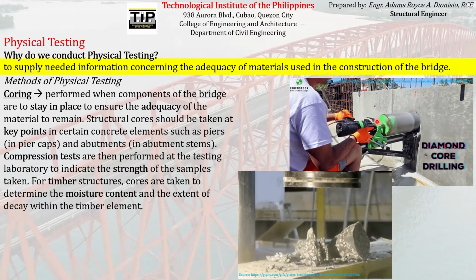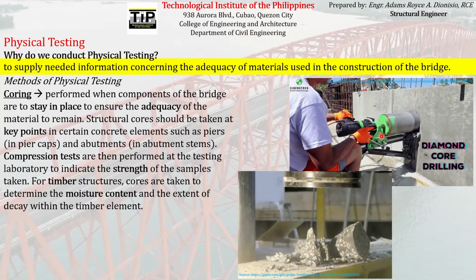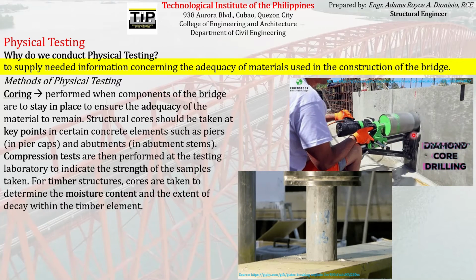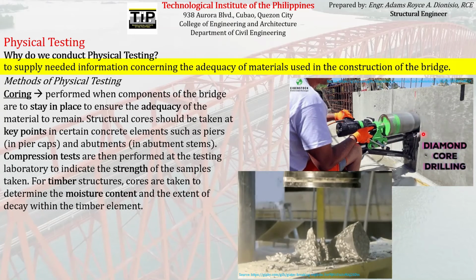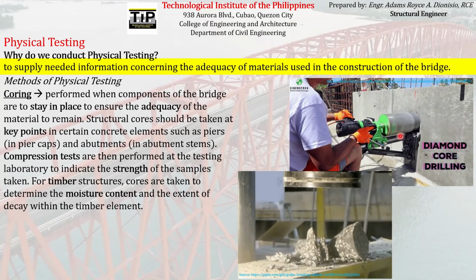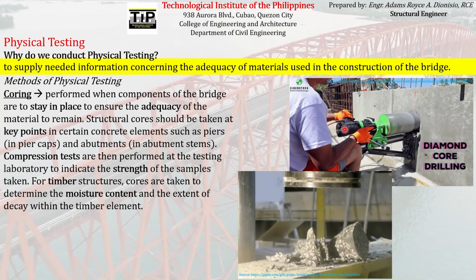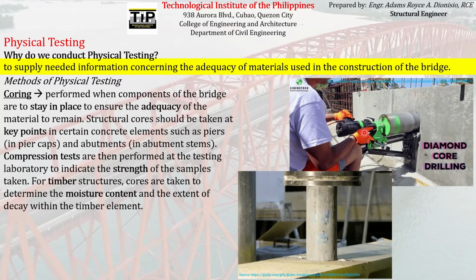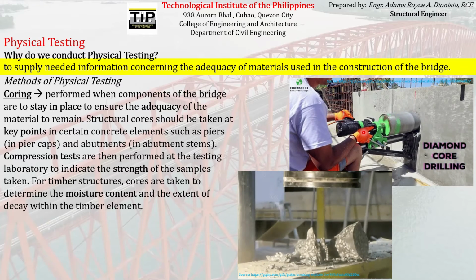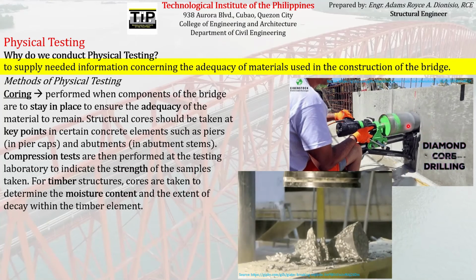We usually use a special equipment that is used to core a hole or to drill a hole onto the concrete part of a structure. So again, we conduct that physical testing, the coring, to ensure the adequacy of the material to remain here.